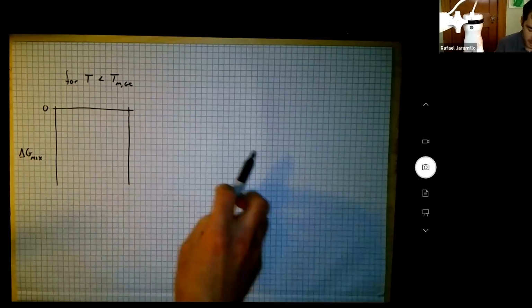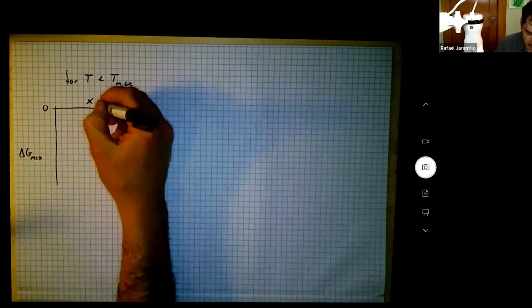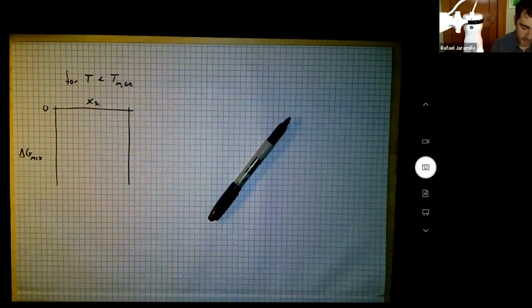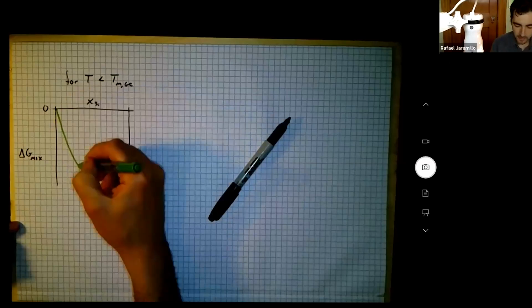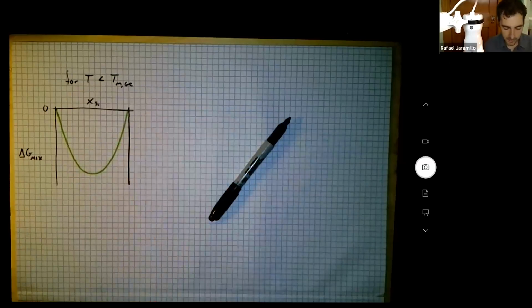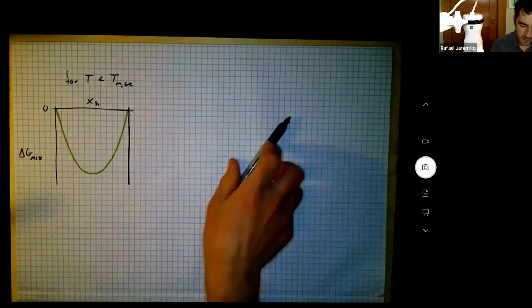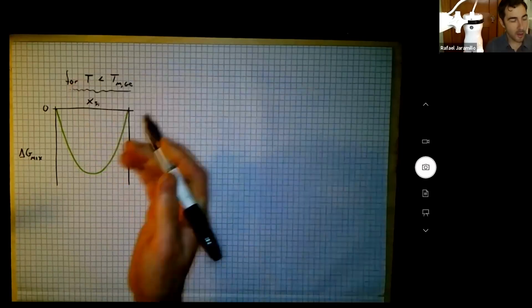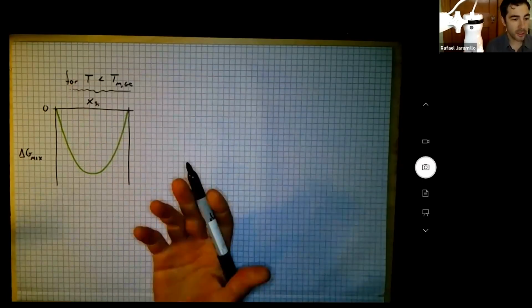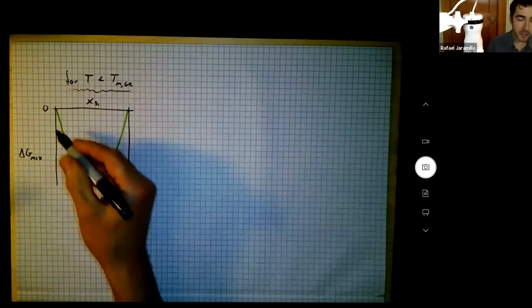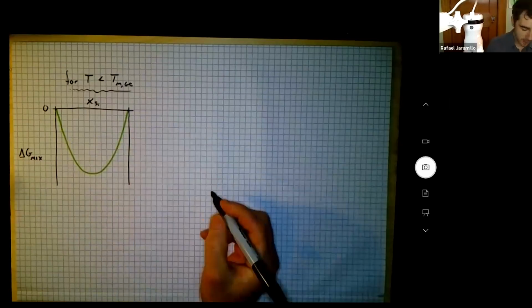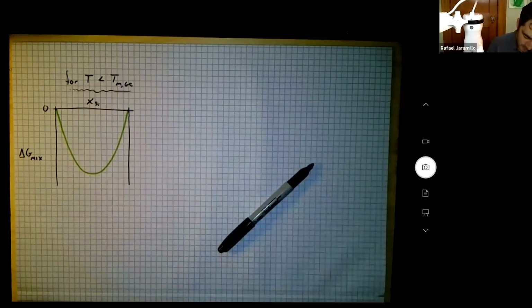This is going to be X silicon. For some low temperature, it's fully miscible. All the solid solutions are stable, so we have that positive curvature. And I'm going to label that alpha, because that is the alpha phase solution model.